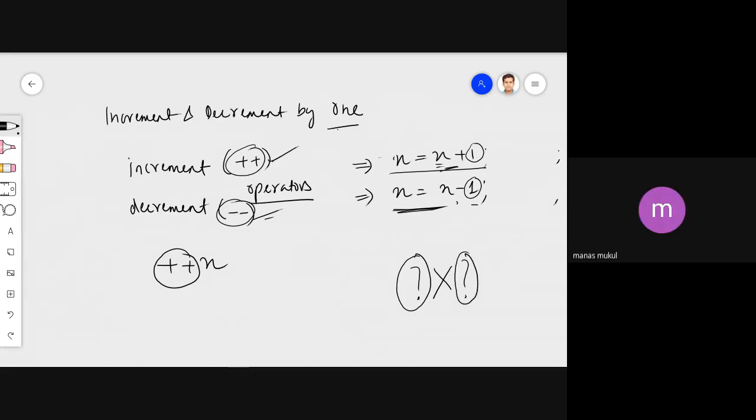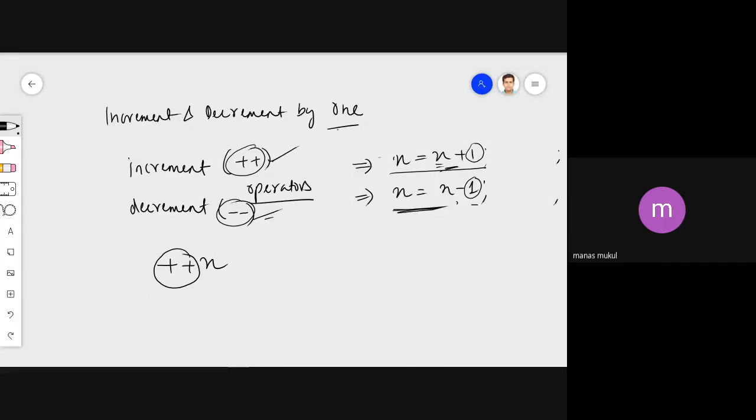So we will talk about prefix and we will talk about postfix. So this is pre and this is post. Remember pre and remember post. You can either write this in the pre mode, or you can write this in the post mode. I think this is clear, right? This much is very simple to understand.